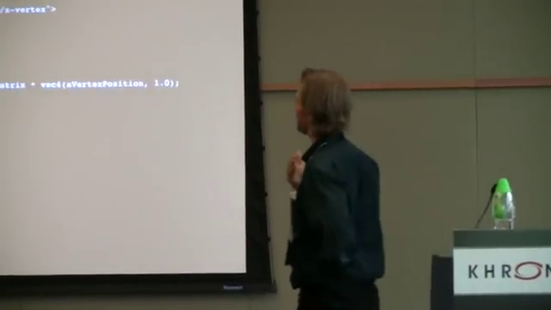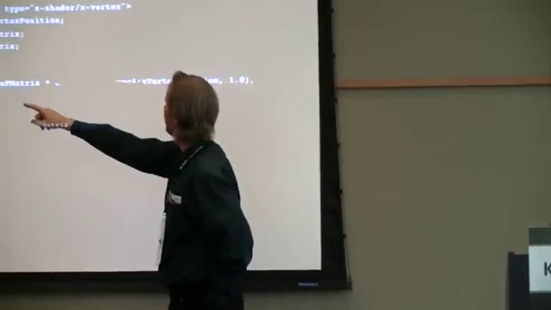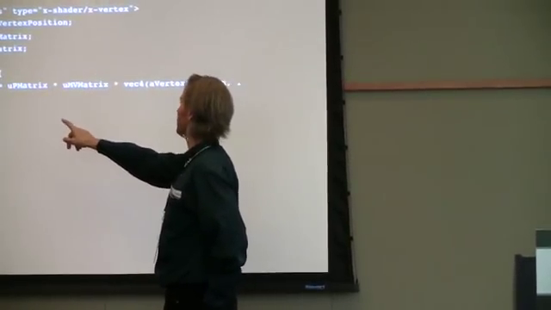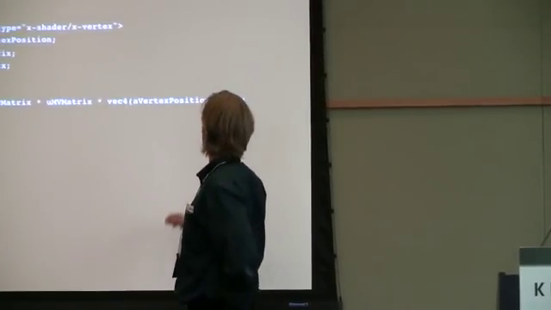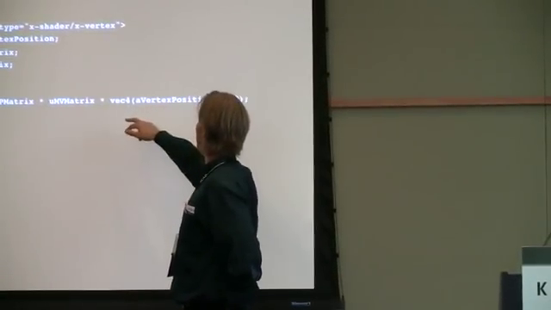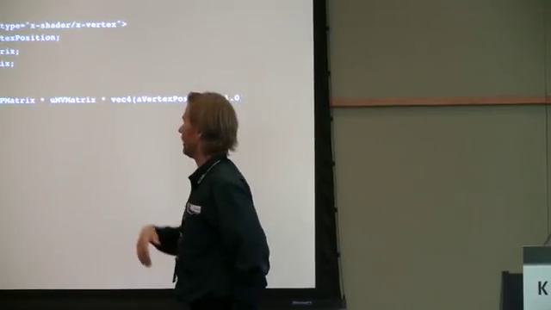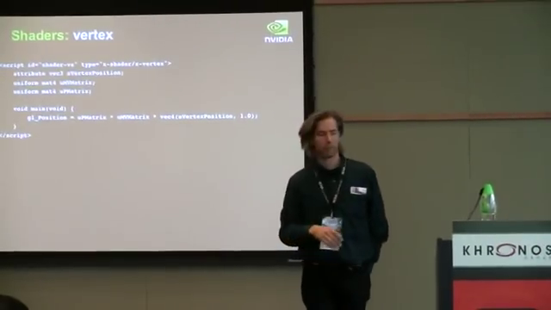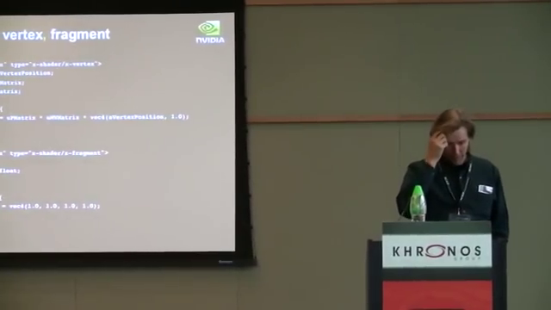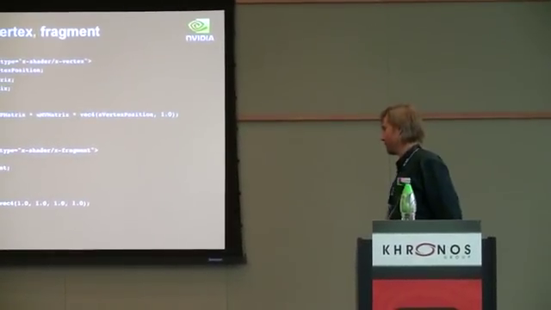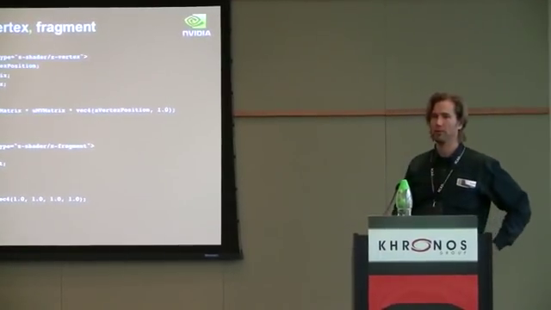The vertex shader uses 2 uniforms, 2 matrices. We just have our own model view matrix and our own projection matrix. And then it takes the input vertex position and outputs the output vertex position. And then the fragment shader is really simple. It just shows a white pixel.